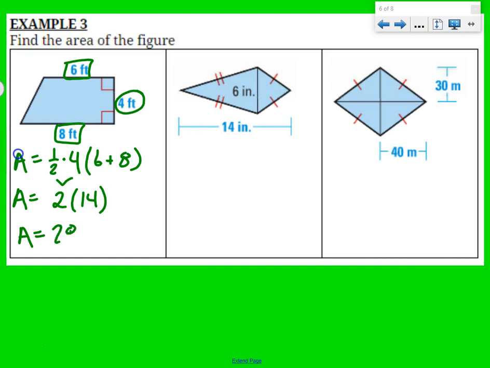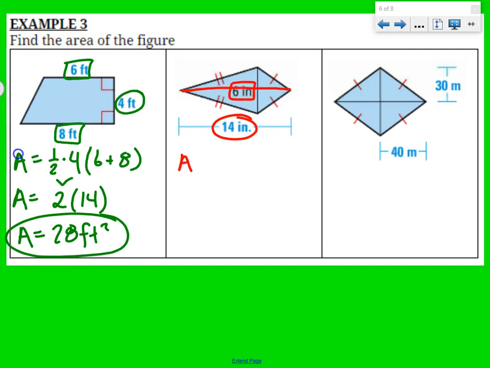Area equals 28 feet squared. Area of the kite, we know that this diagonal is 14, and then we have the other diagonal is 6. So area is equal to 1/2 times the two diagonals, so times 6 times 14. Area equals 42 inches squared.